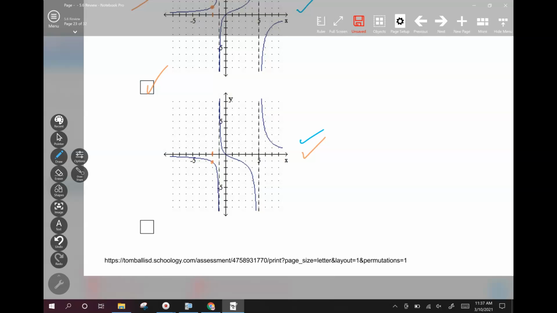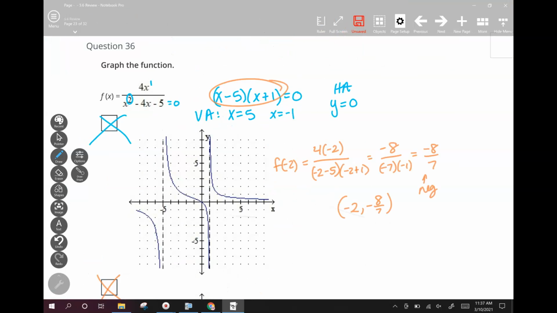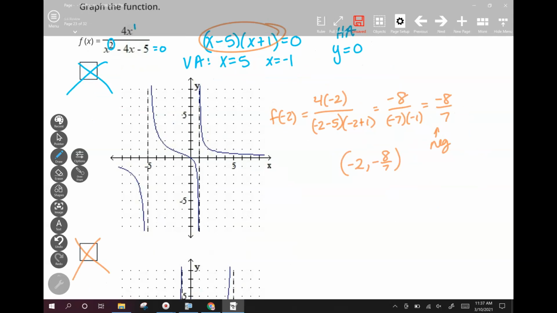You could have also plugged in +2. Let's see what I would get if I plugged in +2. I get 8/-9.